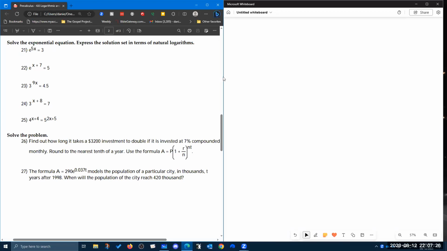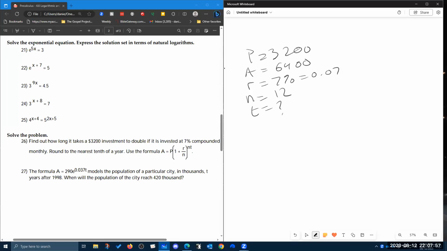Find out how long it takes for a $3,200 investment to double. So I want that to become $6,400. If the interest rate R is 7%, which is 0.07, and it's compounded monthly, that's 12 times a year, and t is what I don't know, and we want to round to the nearest tenth of a year.